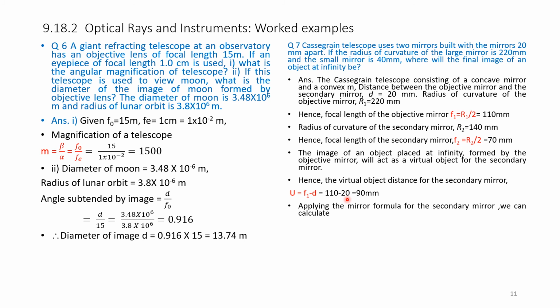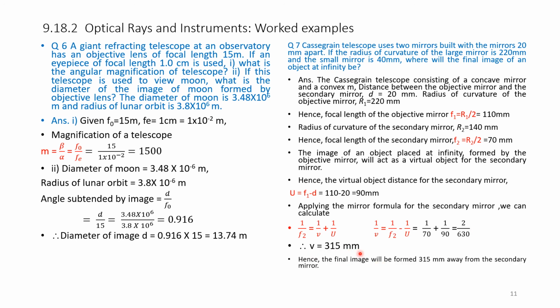Applying the mirror formula for the secondary mirror, 1 over f2 is equal to 1 over v plus 1 over u, that is 1 over v is equal to 1 over f2 minus 1 over u. The answer is 2 by 630. Therefore, reversing, v will be equal to 630 by 2, which is 315 mm. Hence, the final image will be formed 315 mm away from the secondary mirror.